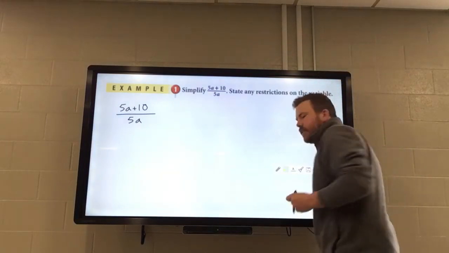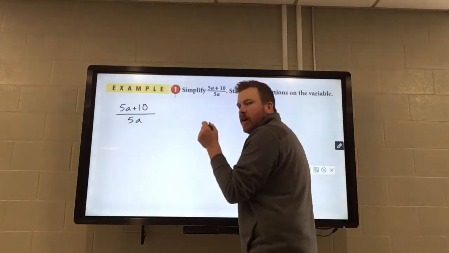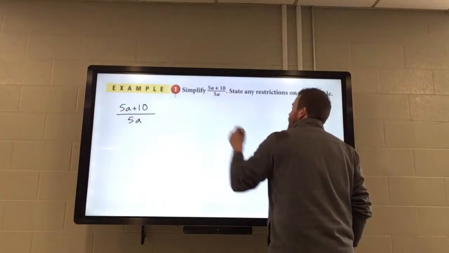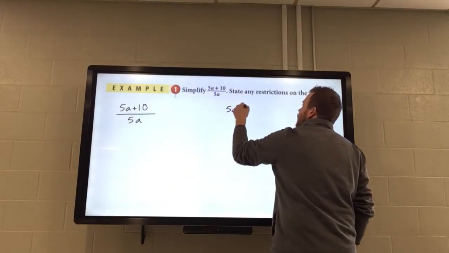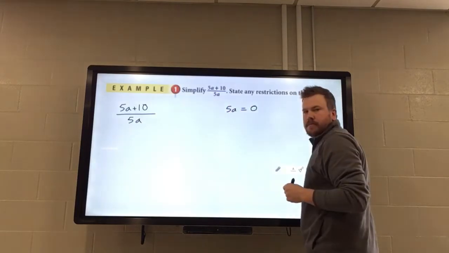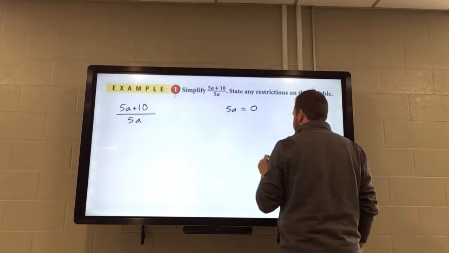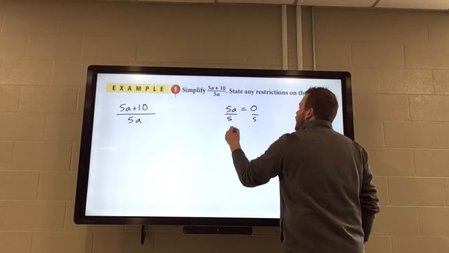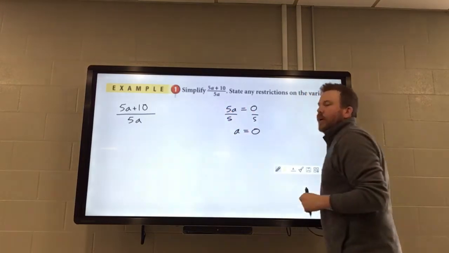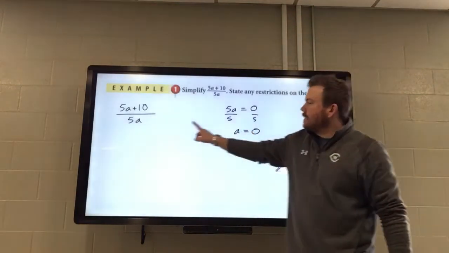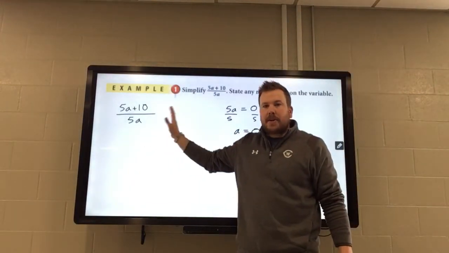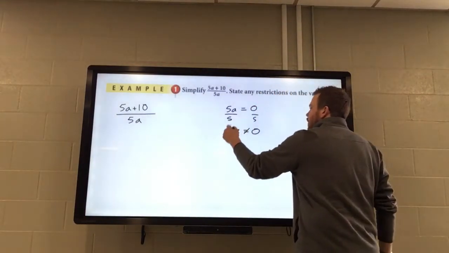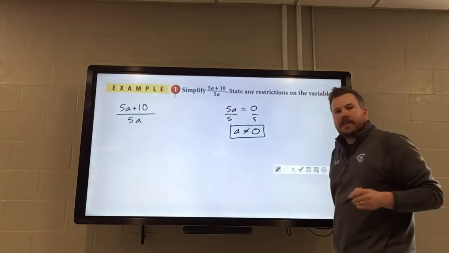Just like we learned in section 11.2, to figure out the restrictions, we take our denominator, in this case 5a, set it equal to 0 and solve. We just divide both sides by 5 and get a is equal to 0. So if I plug in 0 for a, my function becomes undefined. Therefore, a cannot be equal to 0. We need to attach that to our final answer.